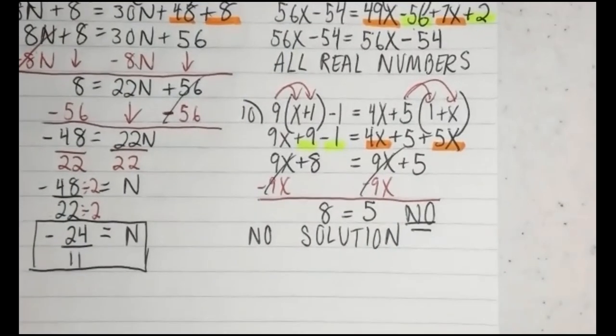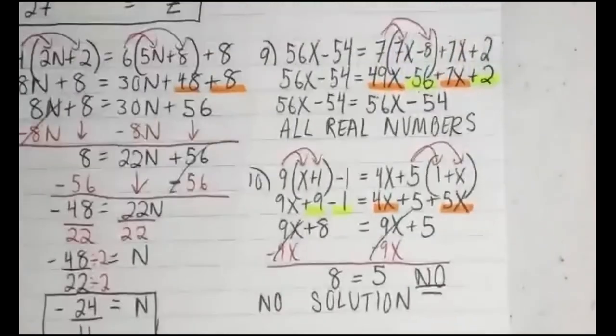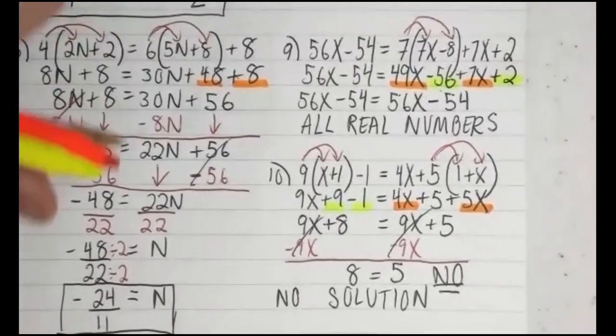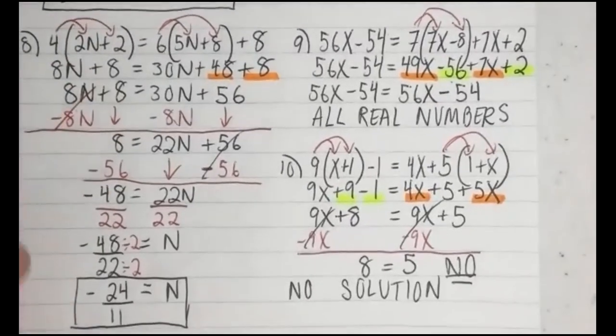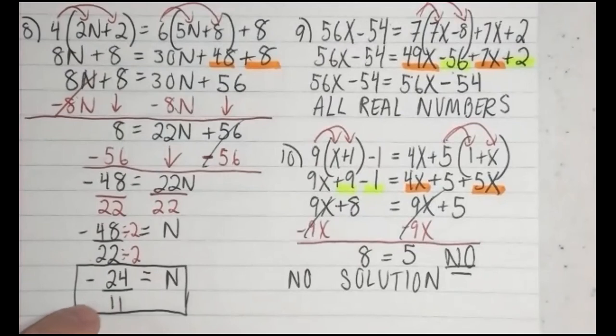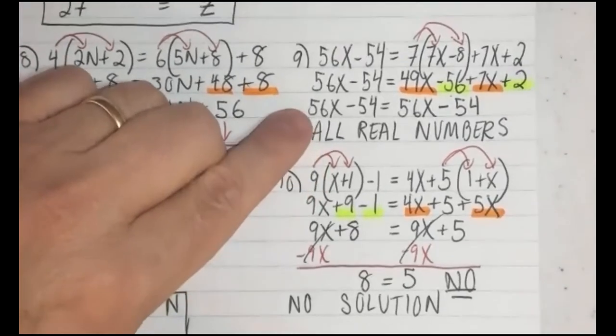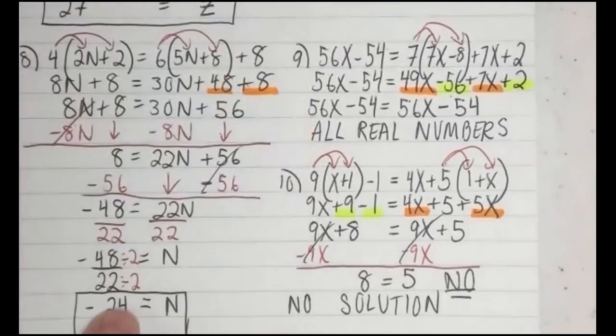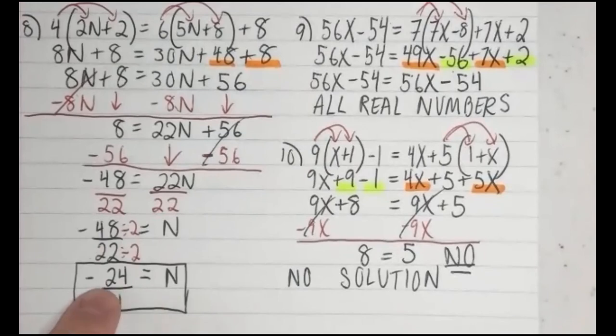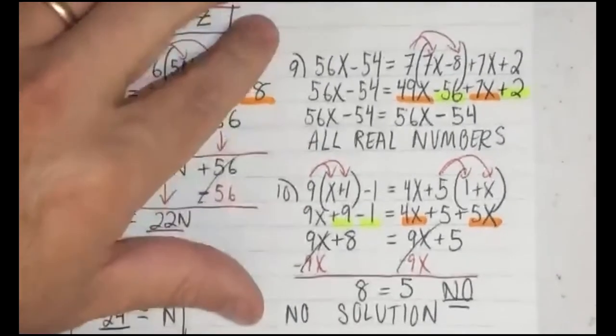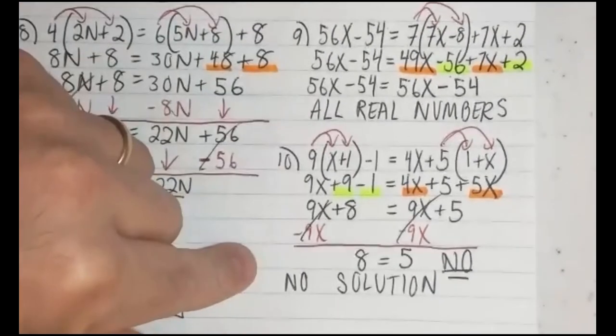So again, 2.3, a lot of what we did in 2.2, maybe just expanded, and also not so pretty answers sometimes, but we're okay with that. And then the introduction of the possibility that we can get an answer of a value for the variable, or we can get all real numbers or no solution.